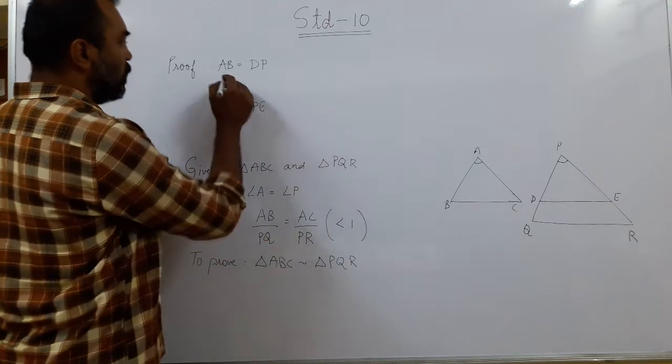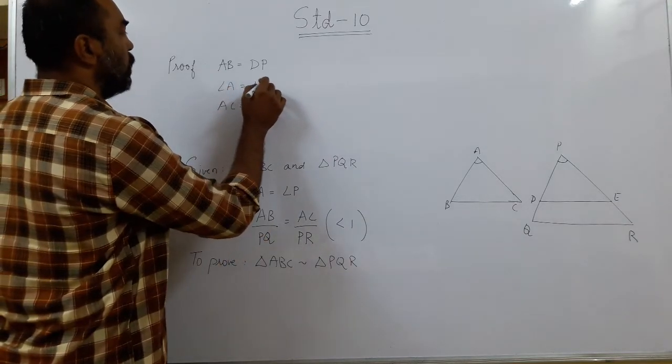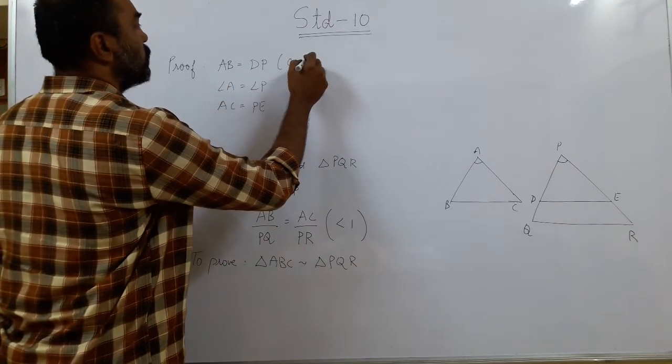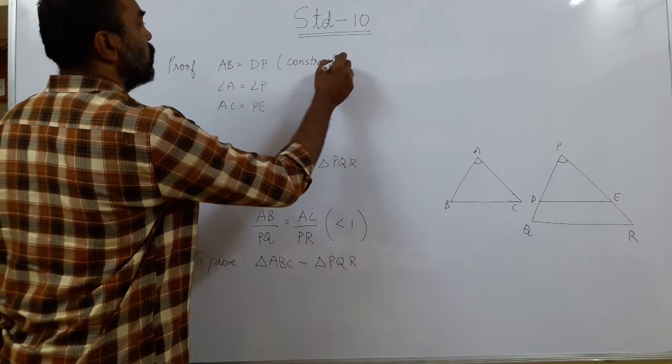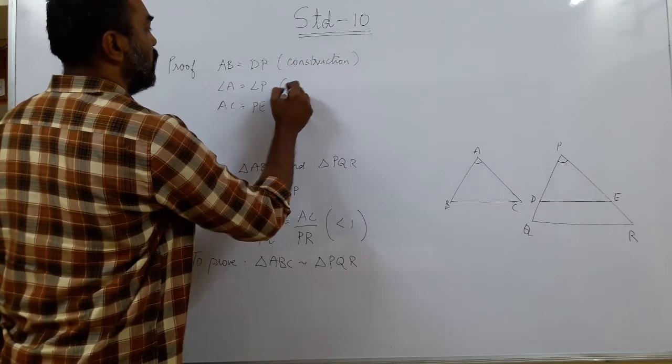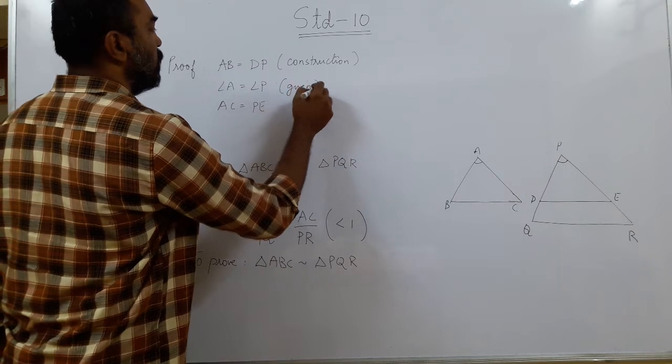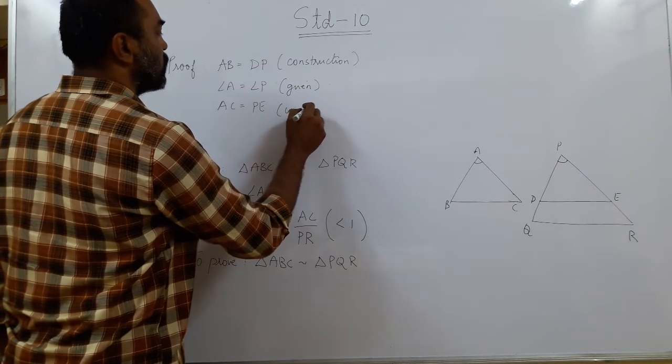So like last time, we have drawn AB equal to DP and AC equal to PE. And what is given? Angle A equal to angle P. So this is by construction. This is given to us.